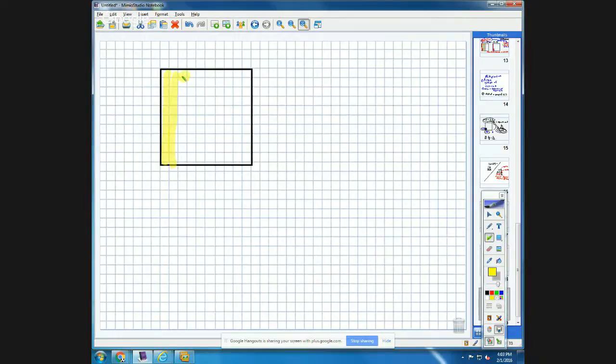So there's my 2100s, and then in there I'm looking for groups of 700s. So 1, 2, 3, 4, 5, 6, 7. There's 1. 1, 2, 3, 4, 5, 6, 7. There's 2. 1, 2, 3, 4, 5, 6, 7. There's 3.